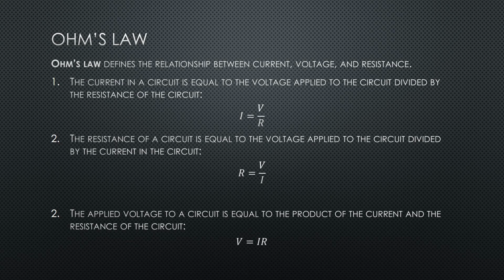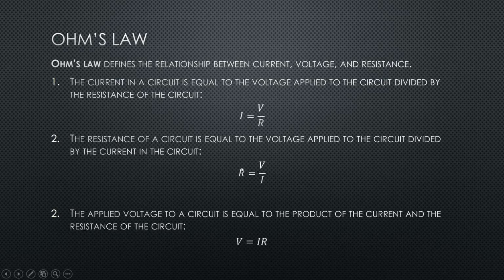So the current in the circuit, represented by I, is equal to the voltage applied to the circuit divided by the resistance of the circuit. So that is I, current, is equivalent to voltage all over resistance. The resistance of a circuit is equal to the voltage applied to the circuit divided by the current in the circuit.